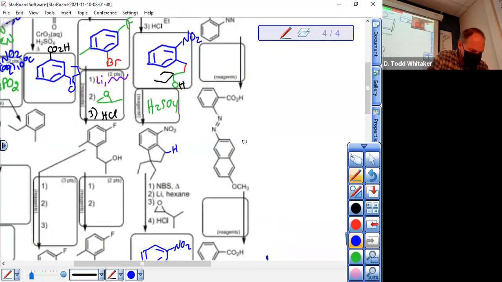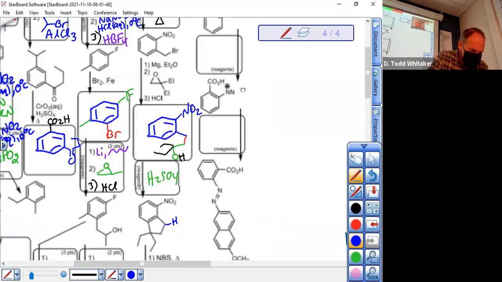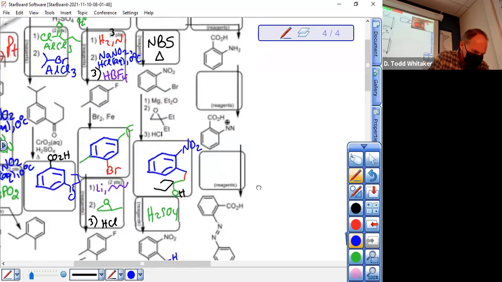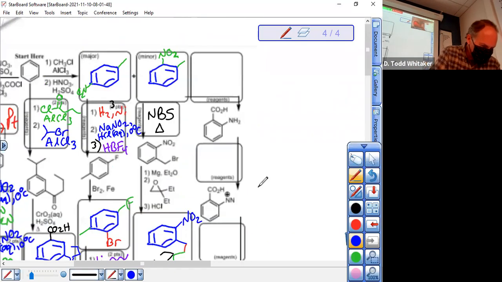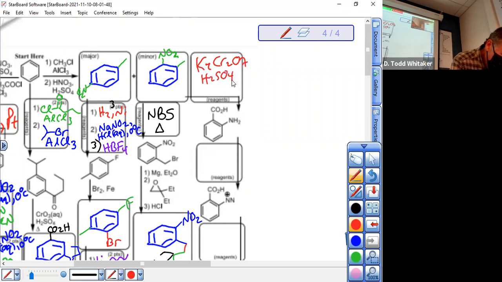Okay, so yeah, let's get to this, at least to the step before it. I'll tell you how to do it, but you don't need it. You should be able to do this. This reaction seems to be happening multiple times on the page too. Benzylic carbon becomes benzoic acid: K2Cr2O7, H2SO4 aqueous, needs heat.